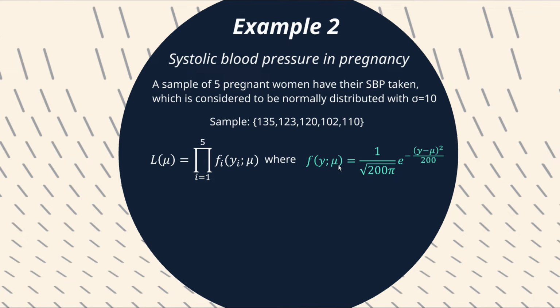In other words, for a given value of mu, for a given mean, the probability density for each of these potential outcomes can be achieved by just chucking these values in for y in this formula. Okay, so if we're going to have a product of 5 of these, think about it, we're going to have 5 lots of this first term here, 1 on the square root of 200 pi.